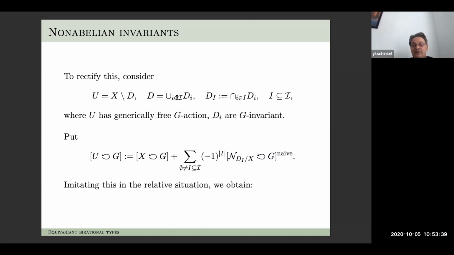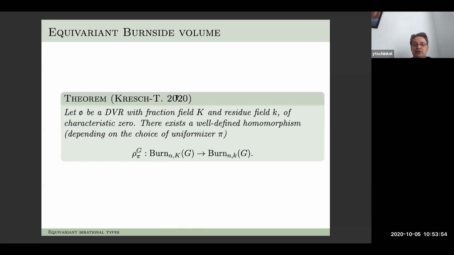And then imitating this construction in the relative situation over a spectrum of a DVR, where you could think of the special fiber as being sort of the complement to some U, we obtain the following theorem: specialization homomorphism. So let O be a DVR with fraction field K and residue field little k, characteristic 0.